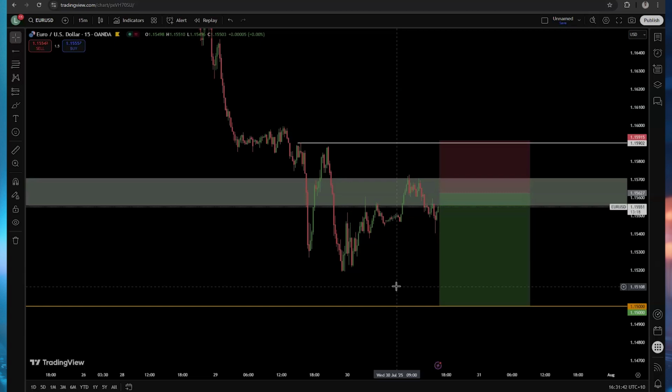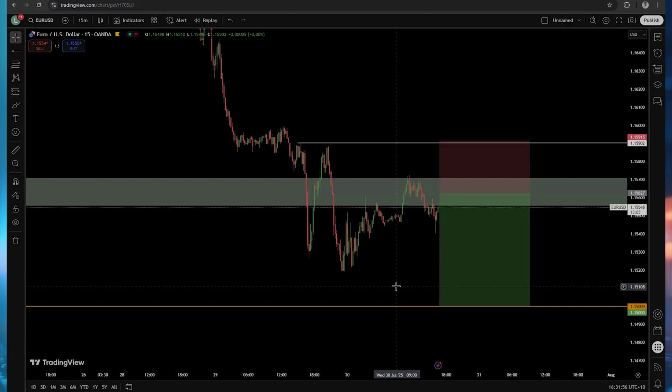So just bear that in mind. Watch out for the spreads. Watch out for how the market will move once we get the Bank of Canada.